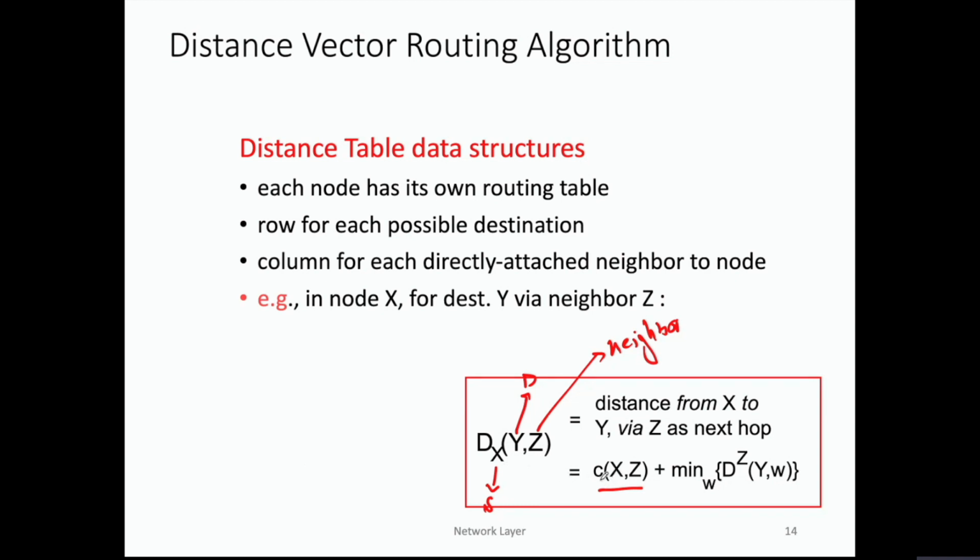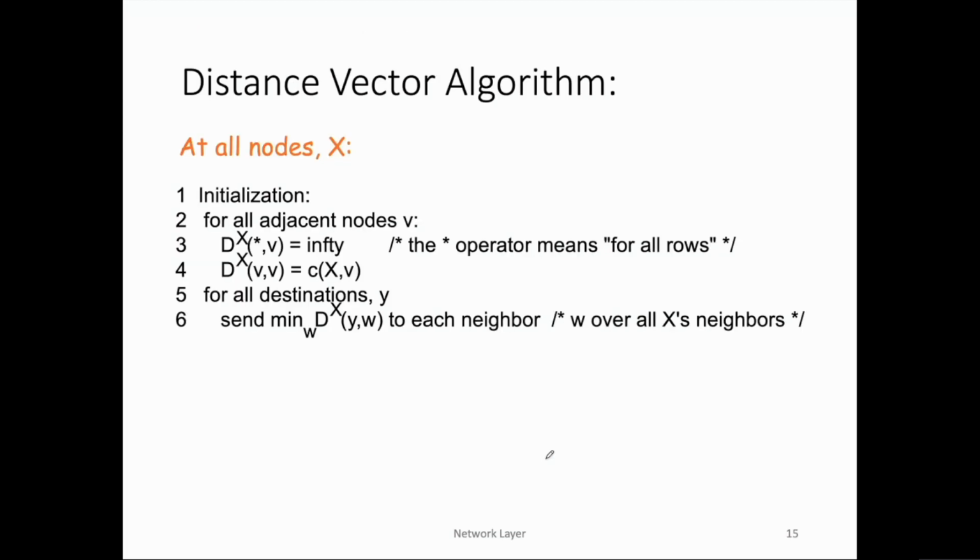We have to calculate the cost to reach from the source to the neighbor Z, and then we have to again calculate the minimum cost to reach from the neighbor Z to destination Y via some of its neighbor, say W. So again, Z has to explore all of its neighbors to see which one contains the least cost to reach the destination, and then we'll add these two costs together to find the distance to reach from X to Y via Z. So let's try to look at the algorithm first.